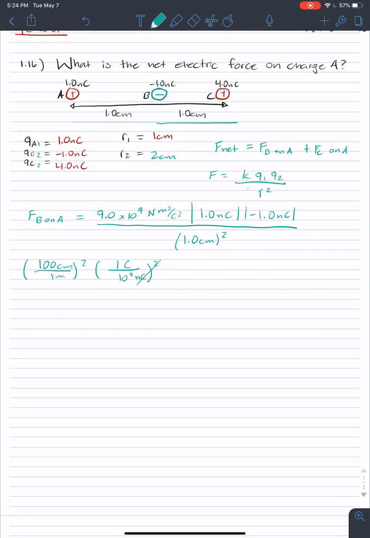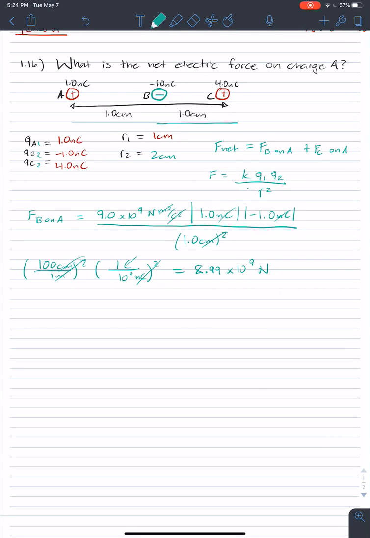All our units cancel, and we're left with just newtons. Now we calculate everything, and we end up with 8.99 times 10 to the 9th newtons.